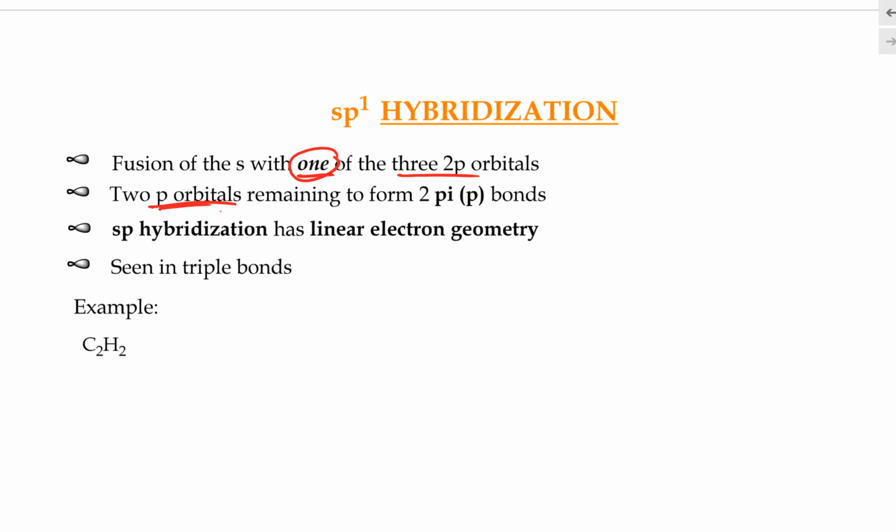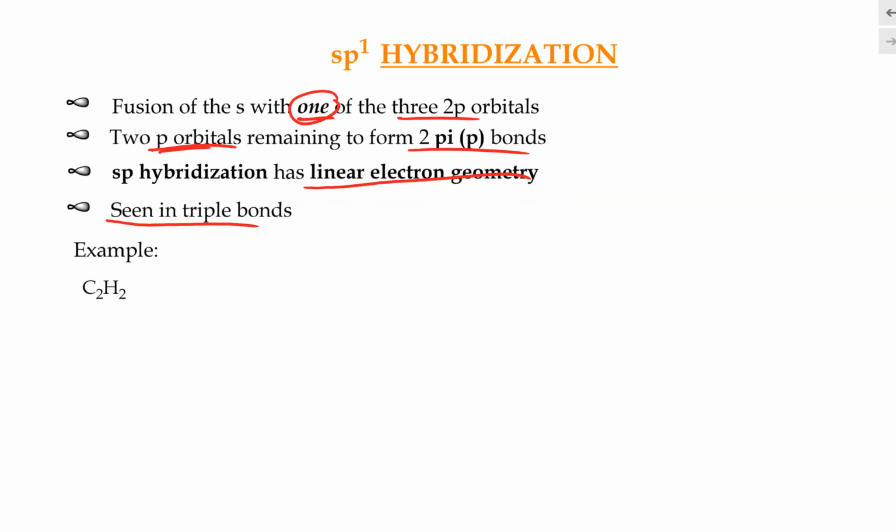And those 2 p orbitals are then used to form the 2 pi bonds, similar to what we have seen already. Sometimes we call this sp1, sometimes we simply call it sp, and we will assume it is sp1. So sp1 hybridization has linear electron geometry, and this is the type of hybridization that is seen in triple bonds.